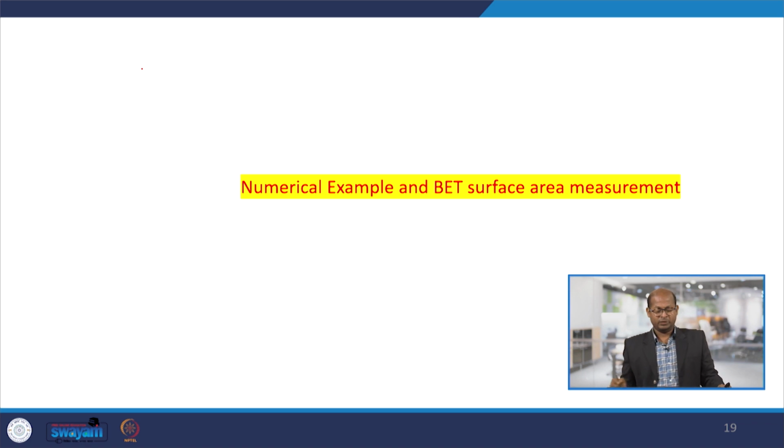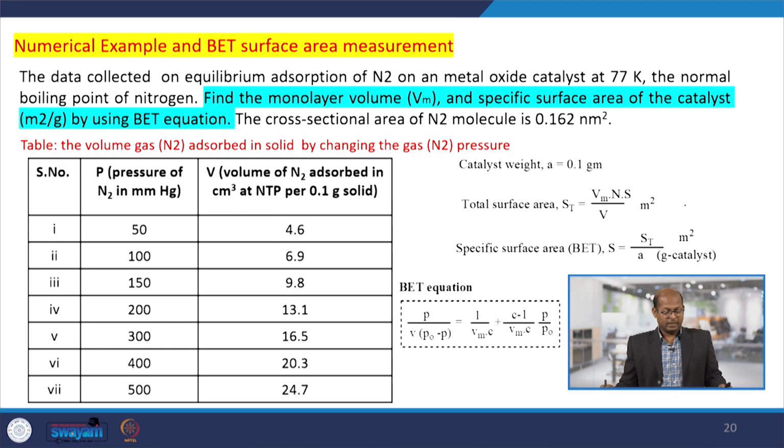Okay. So now we will study numerical examples. There we will find the monolayer volume and the specific surface area of the catalyst in meter square per gram. If we conduct the experiment, from the adsorption isotherm, multiple points, set 1, 2, 3, 4, 5, 6, were taken.